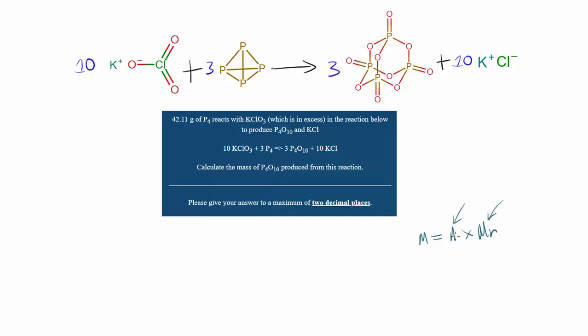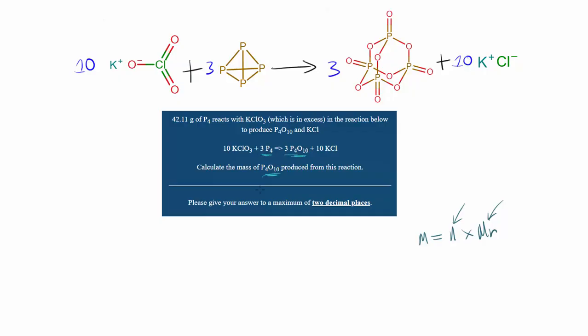But one of the things we can do is for this P₄O₁₀, we can actually work out the moles in an indirect kind of way. So we can effectively use a comparison.